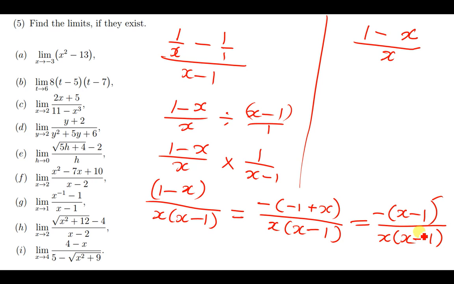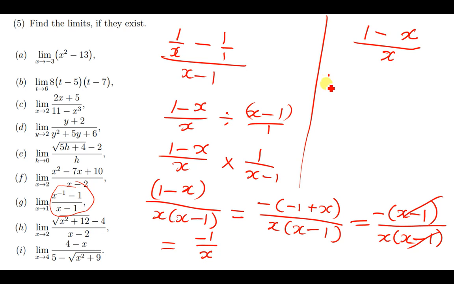So this and that will cancel, so we just remain with negative 1 over x. In other words, this whole expression here is equivalent to negative 1 over x. So I'll replace the whole of this expression with negative 1 over x.